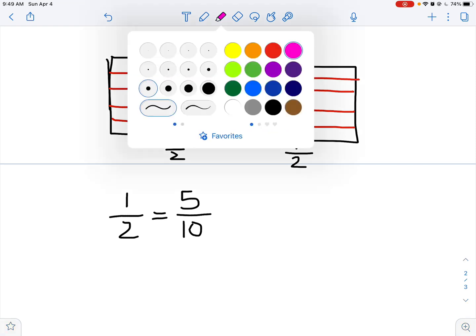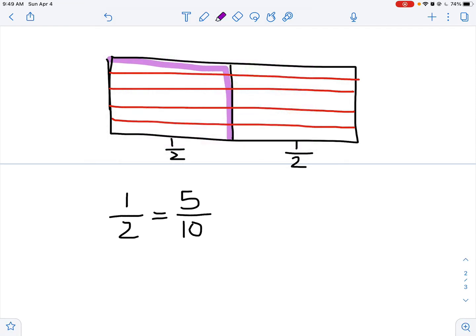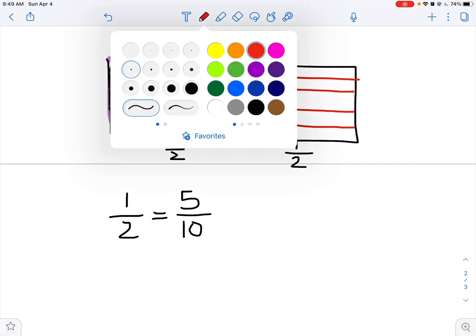If I shade 1/2, there's my 1/2 shaded, and I compare it, do I also have 5/10 shaded? Well, let's see. Each one of these is a tenth. 1, 2, 3, 4, 5/10.